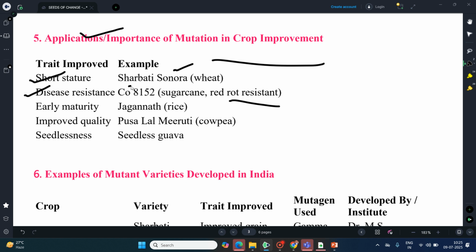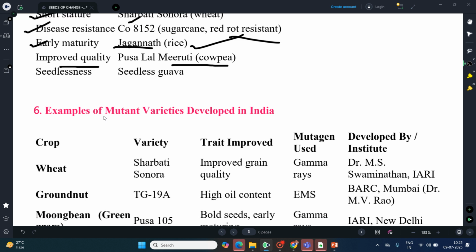Co means Coimbatore. Early maturity, that is noticed in Jagannath, a rice variety, and improved quality in terms of protein and other things, Pusa Lal Virudhi in cowpea, and seedlessness, that is Goa seedless varieties.